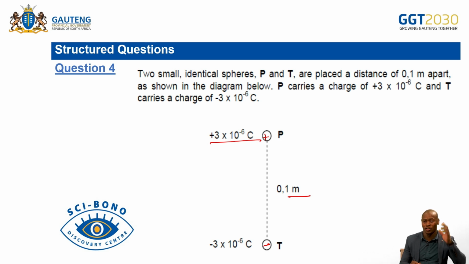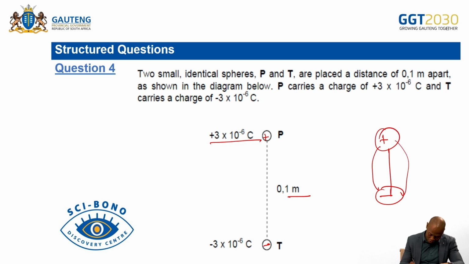Don't change the position, because if you do that, we are going to penalize you. They're not placed horizontally in this case, but vertically. So I'm drawing the electric field pattern with P, which is positive, and T, which is negative. So obviously here there will be a force of attraction, and I'm drawing that force of attraction.